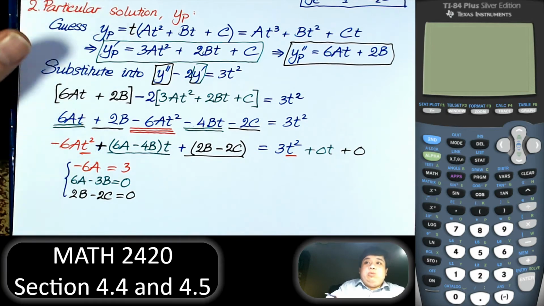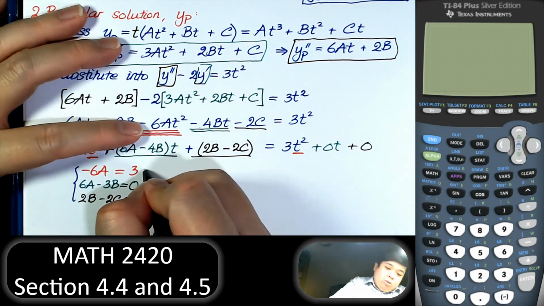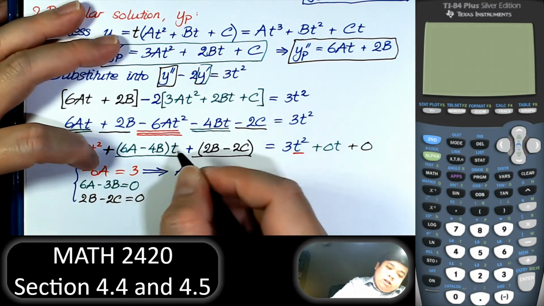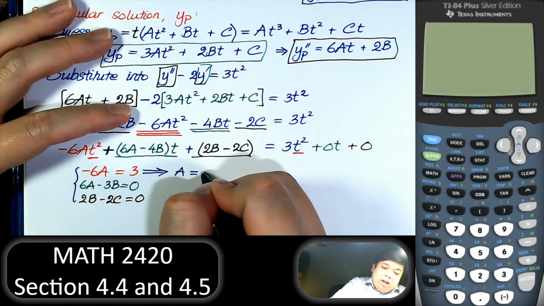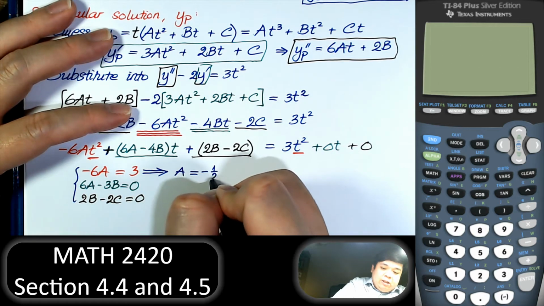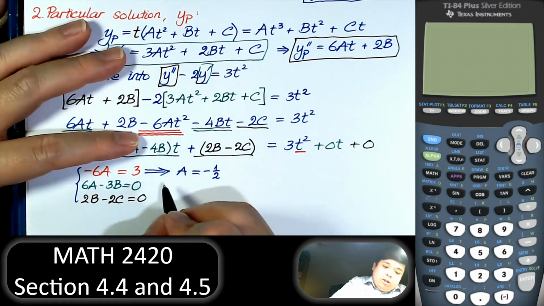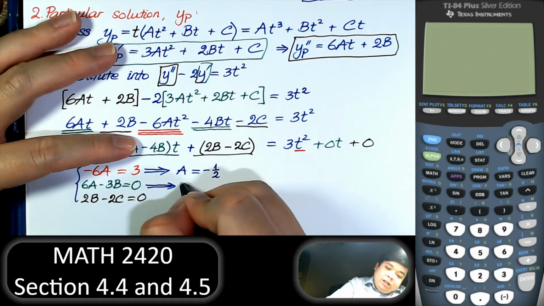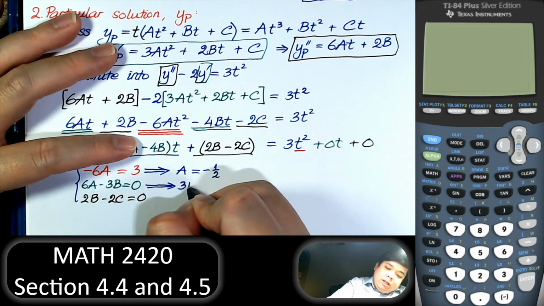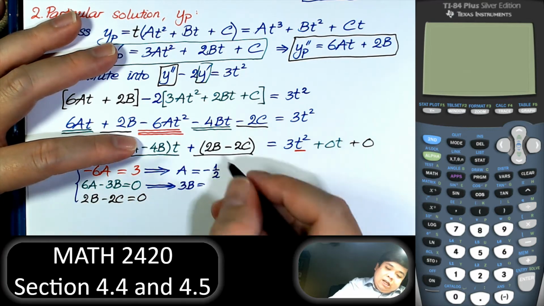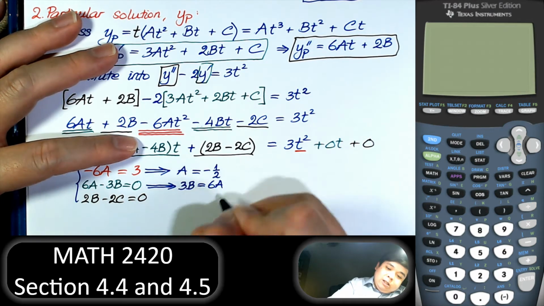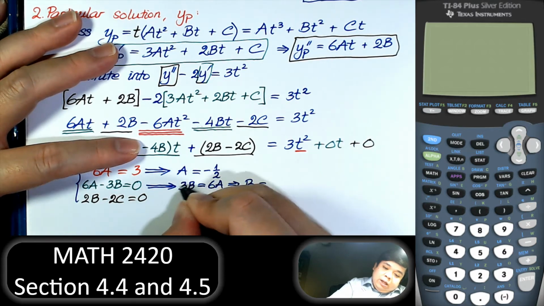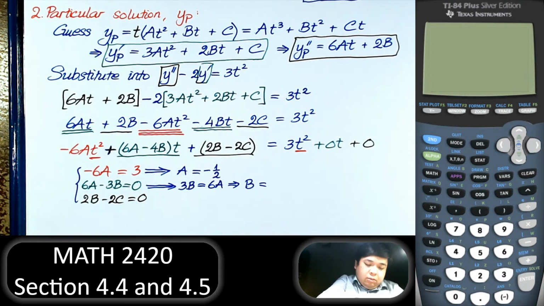This one we don't need to put in the calculator because it is simple enough to do by hand. So a is what? 3 divided by negative 6, negative 1/2. In this equation, if we solve for b, 4b is equal to 6a. So b is equal to 3a over 2.